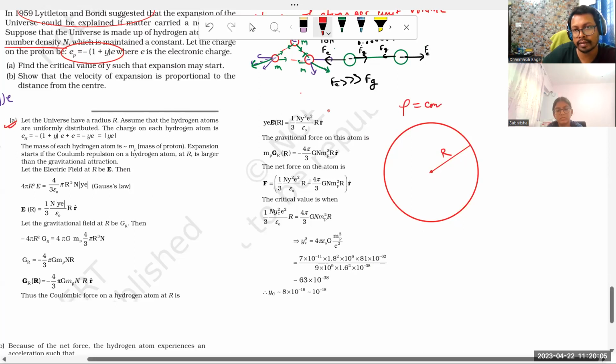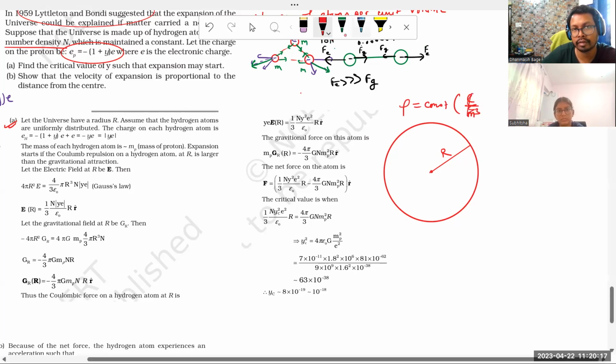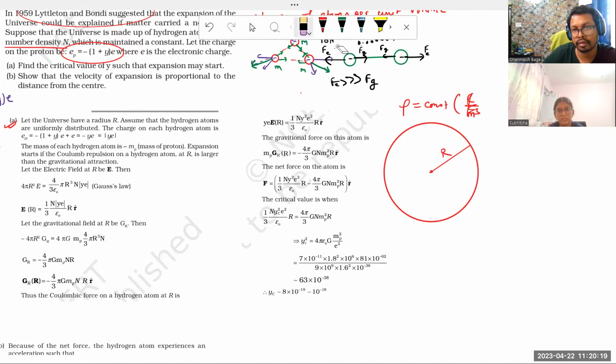Rho is constant. What is the unit of rho? Coulomb per meter cube. We have seen this thing in the first question. Rho simply means Q by V.